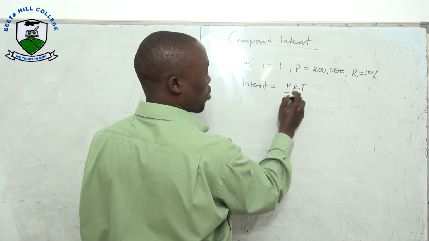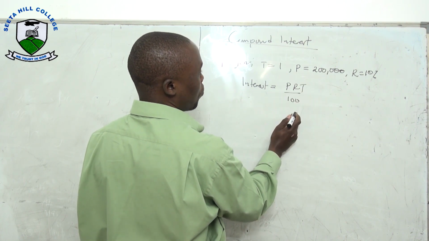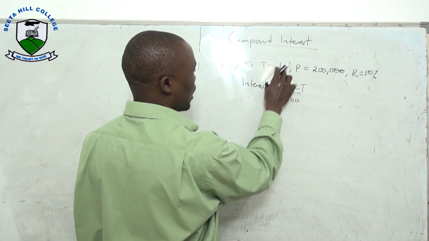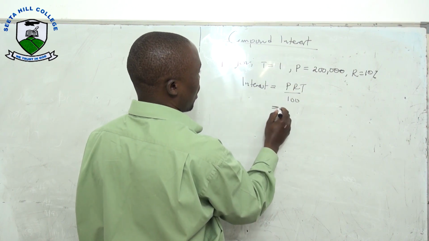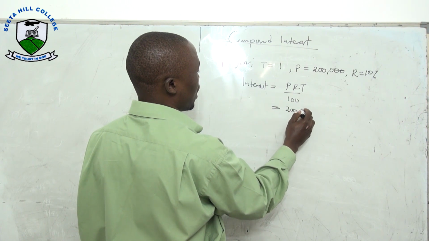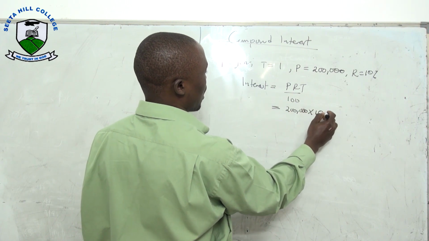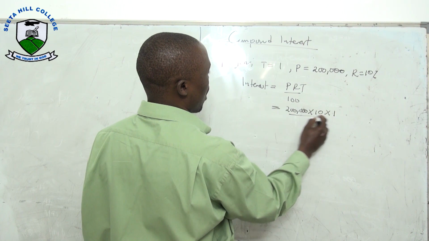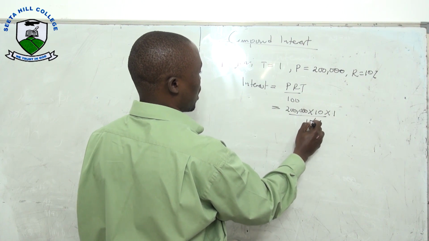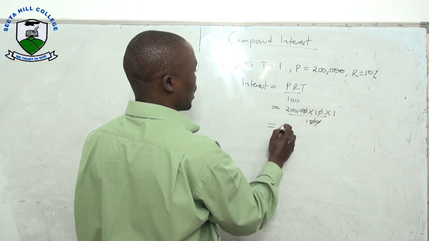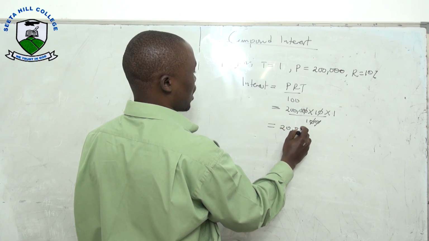PRT, still clear? We are in the first year, T is 1. Therefore, you will have 200,000 times 10 times 1 out of 100, giving us 20,000.